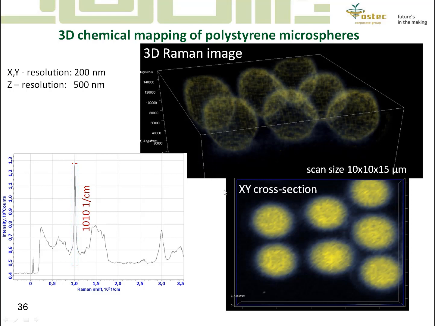And some 3D objects like polystyrene microspheres can also be resolved easily, and the resolution is extremely high for immersion optics. Here you can have about 200 nanometers for XY and 500 nanometers in Z direction.